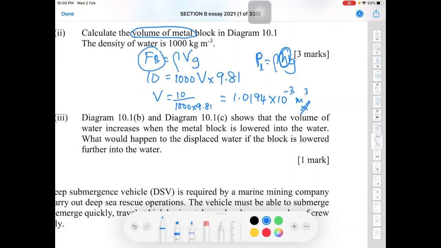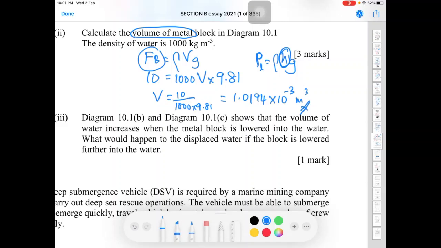Alright, diagram 10.1b and diagram 10.1c show that the volume of water increases when the metal block is lowered into the water. So as soon as it is lowered, the volume of displaced water increases.